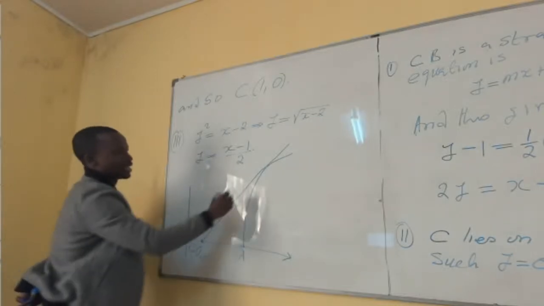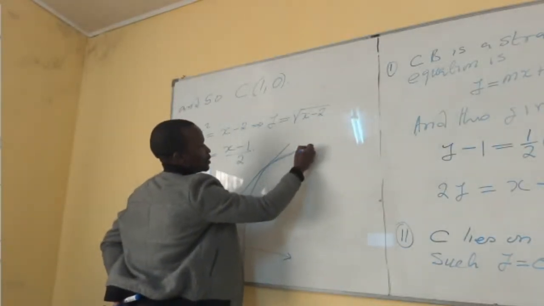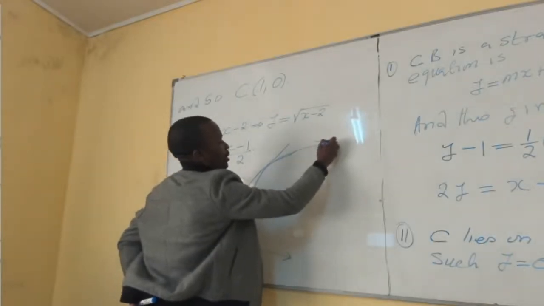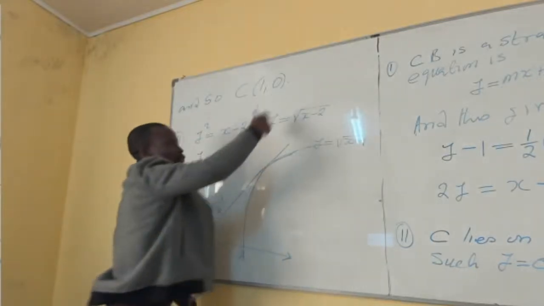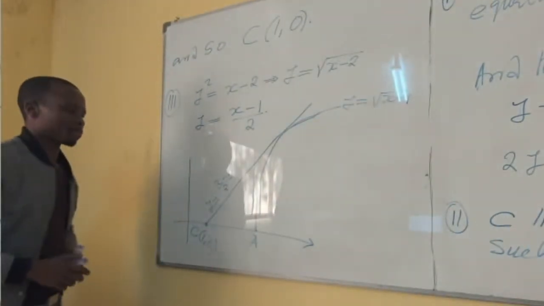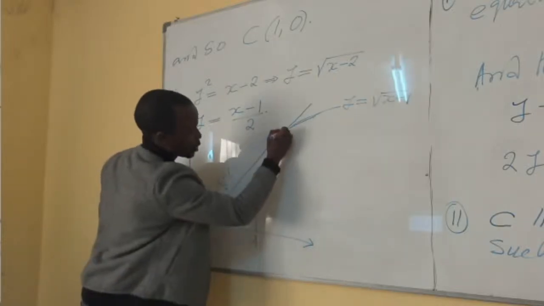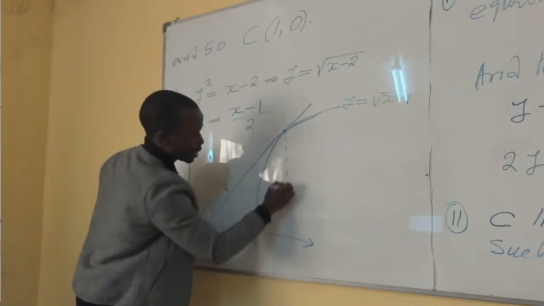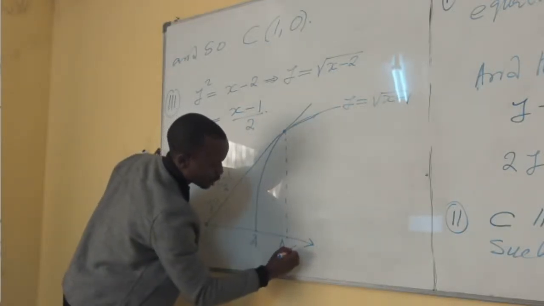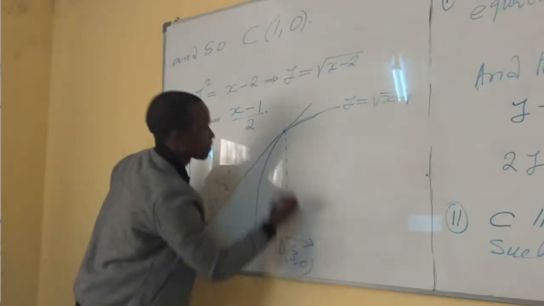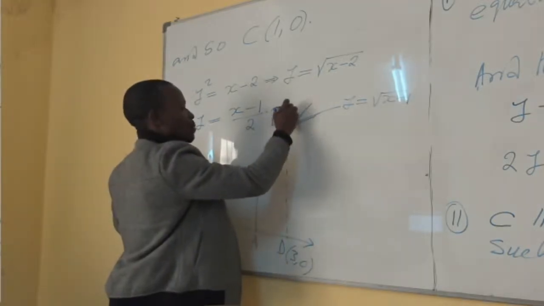Then this curve we are seeing is y equal to the square root of x minus 2, because it was y squared equal to x minus 2. This point here, point D, was equal to 3, 0, and this point B was equal to 3, 1.